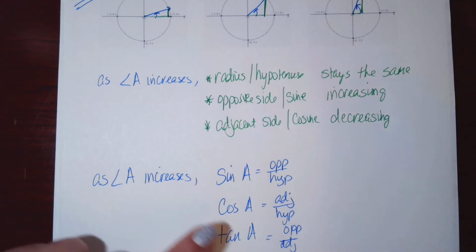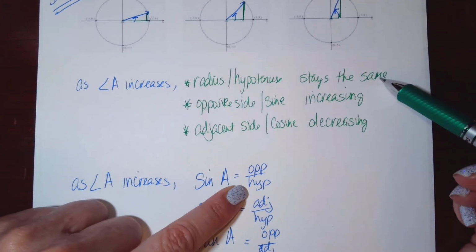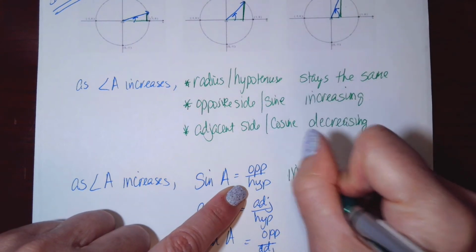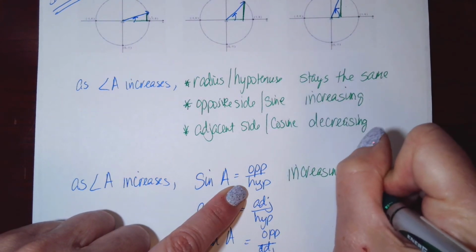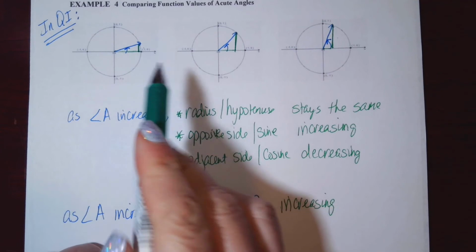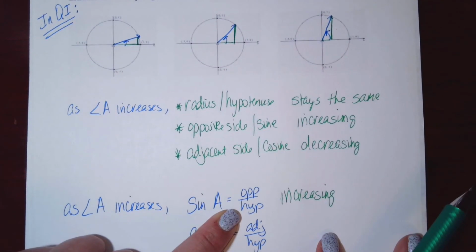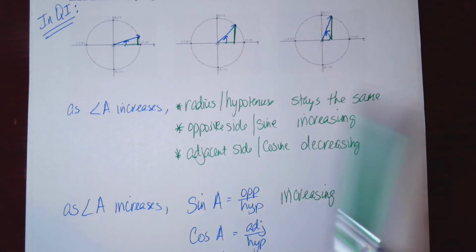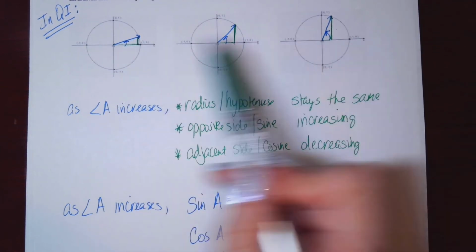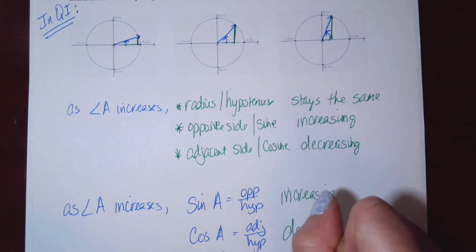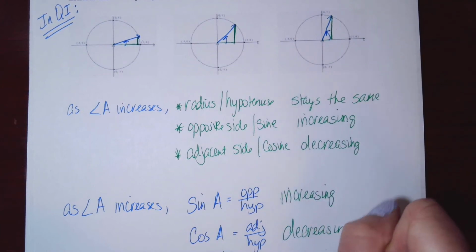Well, if the hypotenuse is staying the same and the opposite side is increasing, then that means the sine function value is increasing through quadrant 1. As my angle gets larger, my sine function value is increasing. What's happening to cosine? Well, since the hypotenuse is staying the same, I can see that my cosine function value is decreasing. It's getting smaller through quadrant 1.